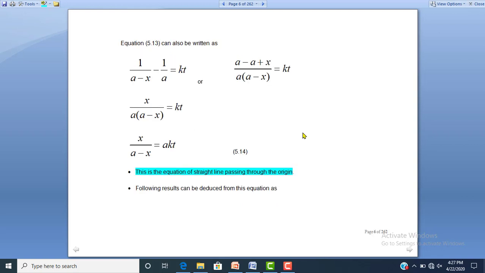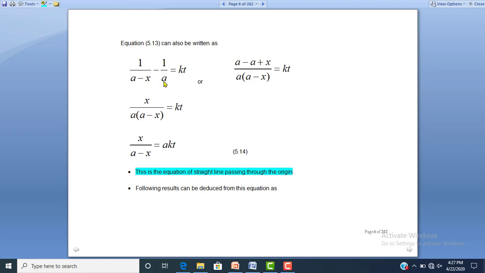This equation 5.13 can also be written as 1 over a minus x minus 1 over a is equal to kt. Just by rearranging equation 5.13, on the left hand side we take the concentration and on the right hand side we take the time.